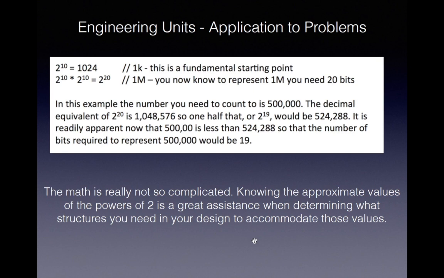So if 2 to the 20th is a million, I know 2 to the 19th is half a million. Doesn't require a lot of consideration, but it does require you to understand the tricks of the trade. You should, at this point in time, by your junior and senior year of your engineering study, have these types of concepts in your grasp.